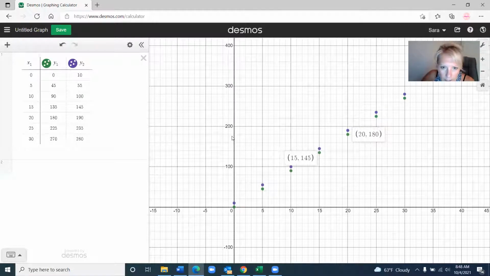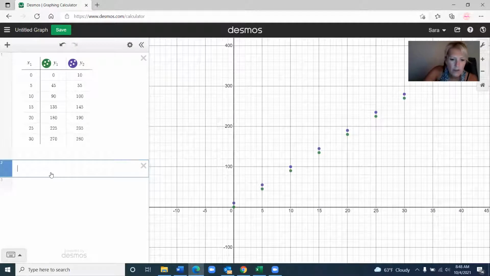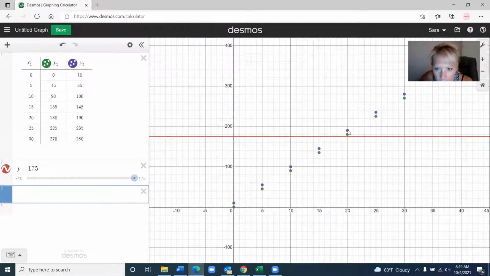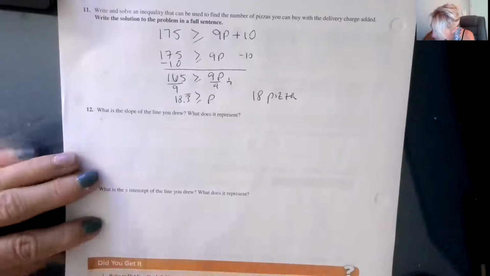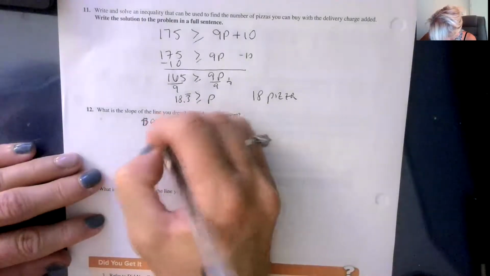I'm going to draw the line at y equal to 175. And you can see that it's right about in here. It's going to cross. So let's go back to our paper and see how we can work this out. So 12 says, what is the slope of the line you drew and what does it represent? So the slope was $9 per pizza.